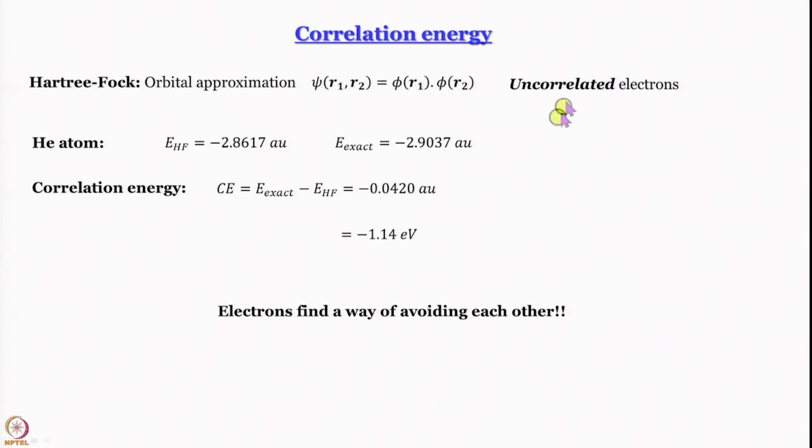So, the difference gives us the correlation energy. So, these 2 electrons of helium end up saving 1.14 electron volt energy for the atom by moving in an intelligent manner and avoiding each other.